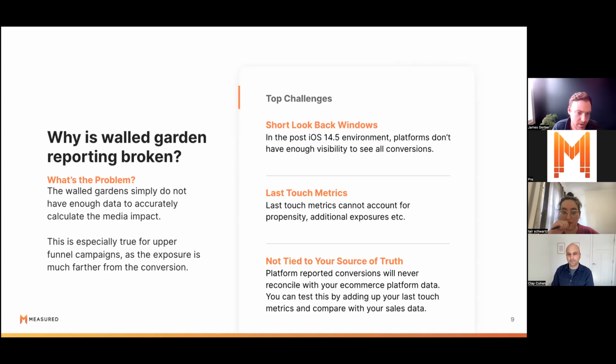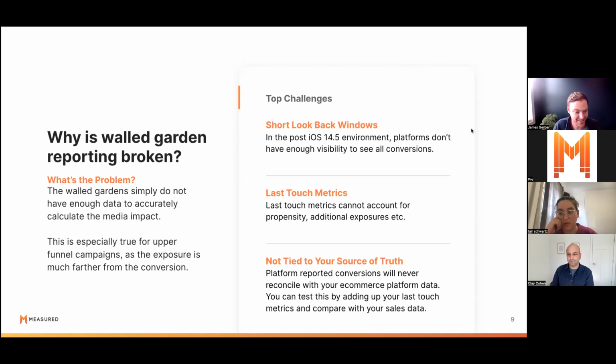Facebook shrunk their look back windows when iOS 14 rolled out, but everyone has effectively lost the ability to track as many conversions over as long a period of time as before. So the look back windows make it very difficult for marketers to track performance over time. And it's hit certain parts of your funnel in a different way than other parts. And we'll go into those details, but it depends on how long it takes for the user to convert. And that's why it's very, very messy.